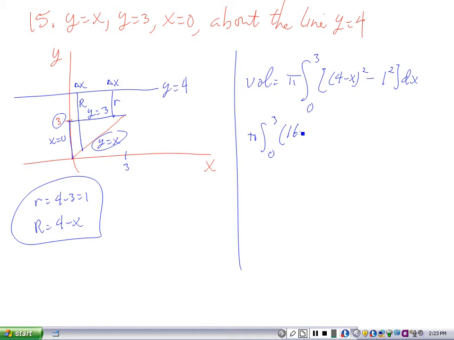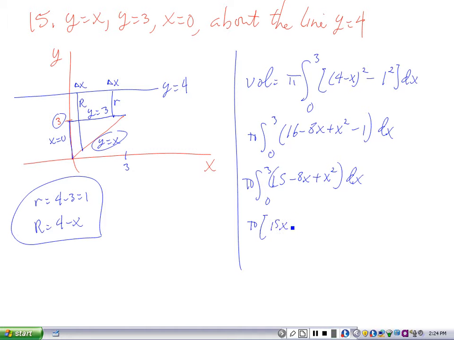Simplify that, that's 16 minus 8x plus x squared minus 1, dx. Pi times the integral from 0 to 3 of 15 minus 8x plus x squared dx.